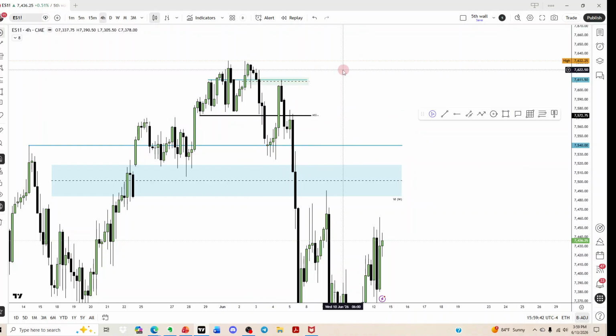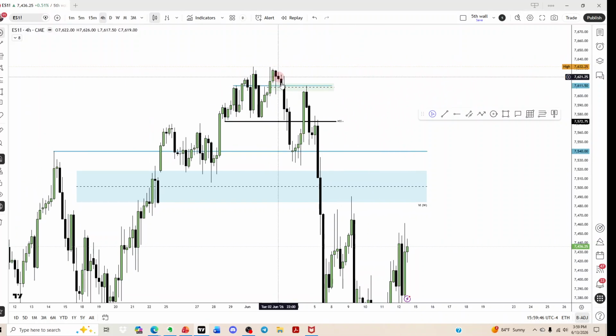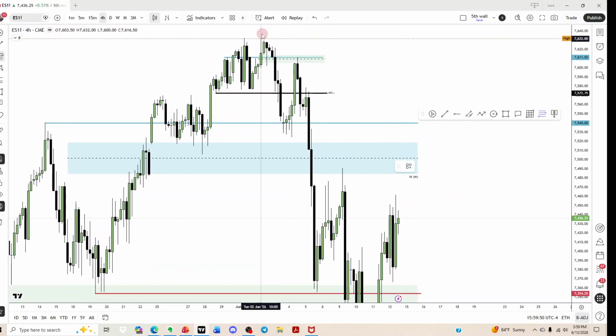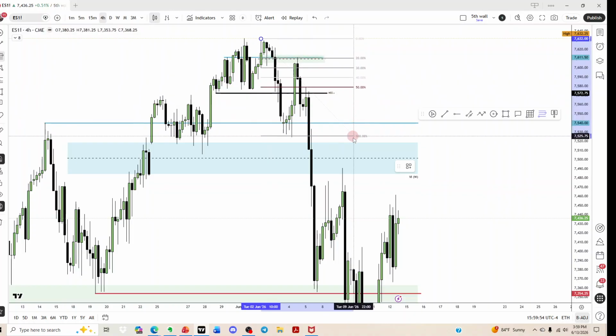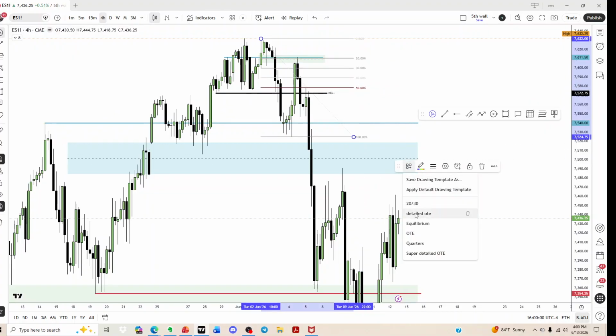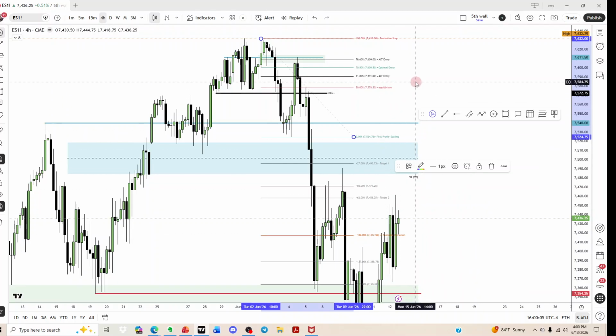So displacement, retracement. What does that mean for me? That means optimal trade entry. Let's do super detail.